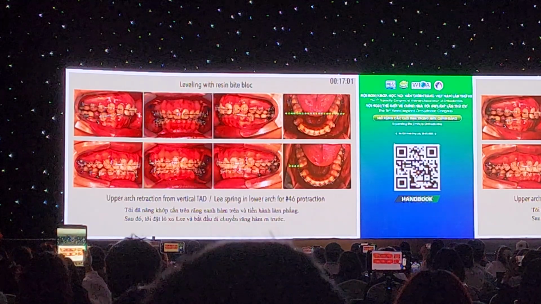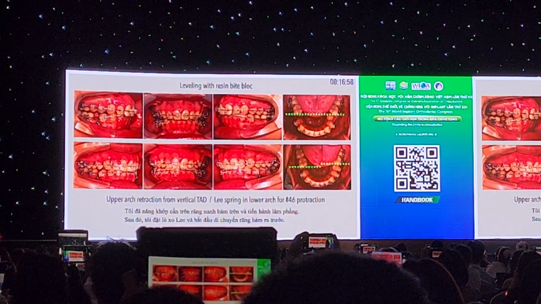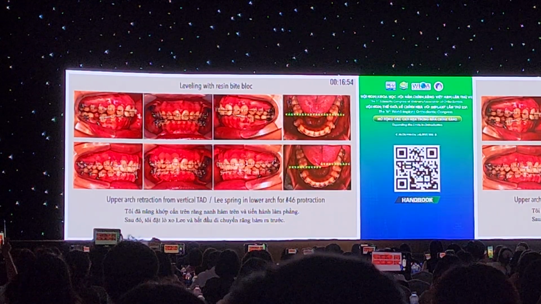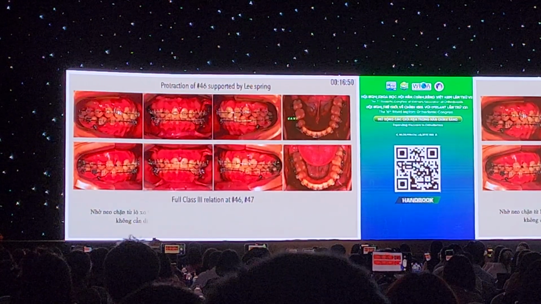I installed the bite block on the maxillary canines and proceeded with the leveling. Following this, I placed the respring and initiated the forward movement of the molars.